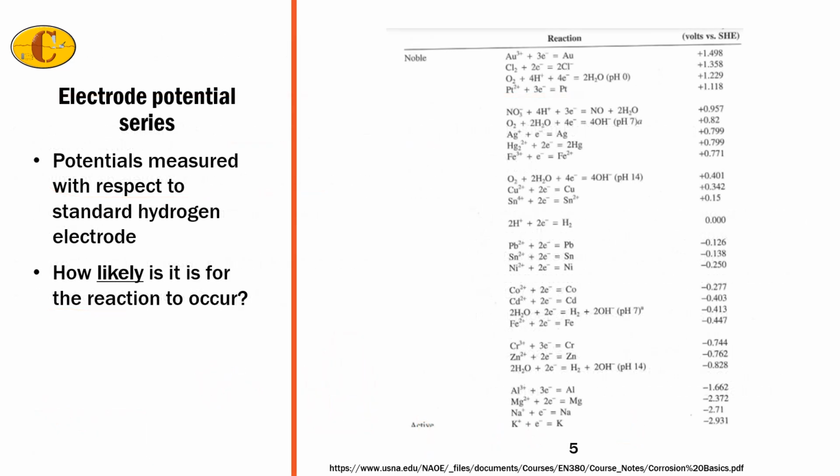The electrode potential series gives us the potential of each element or each reaction with respect to the standard hydrogen electrode. The standard hydrogen electrode can be referred to as a scale. If you want to calculate the length of a thread, you can use a scale to measure it.